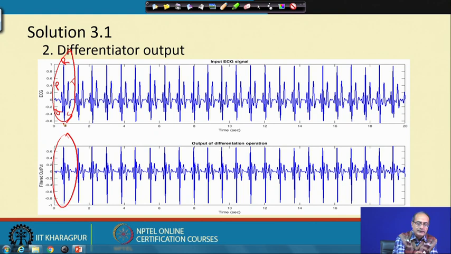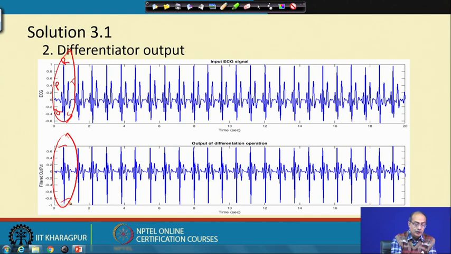In fact, here the R was bigger and S was comparatively smaller. Now, R and S both have become high. So, we can say overall the QRS complex has become much more prominent and well separated from the P and the T wave.